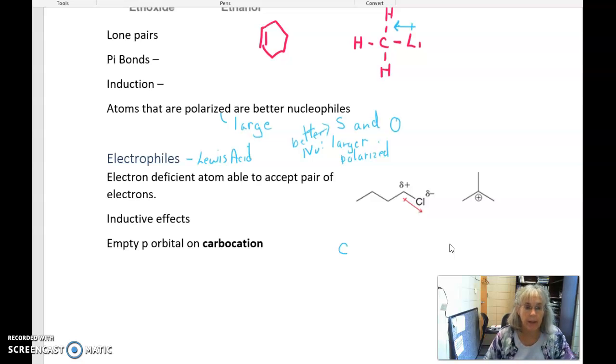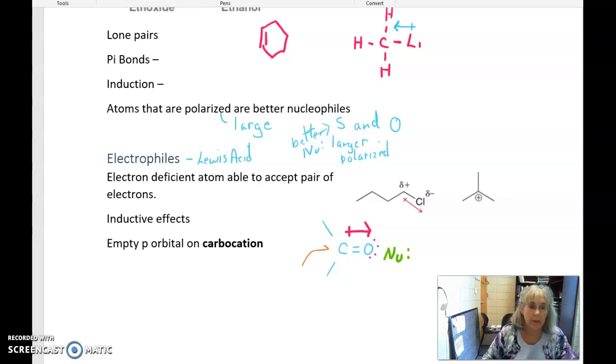Also, we'll find them where you have a carbonyl. And this is the same sort of induction where you've got this end would be a nucleophile, but on the other end, we'll pick a different color, maybe orange.